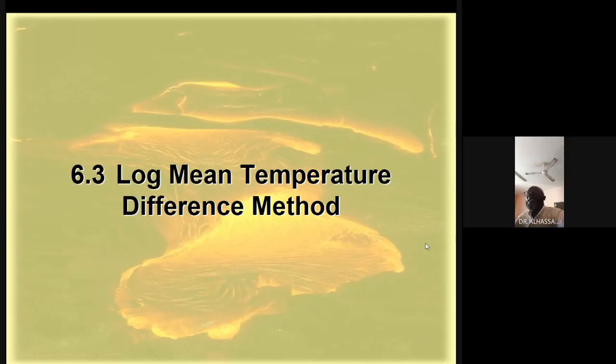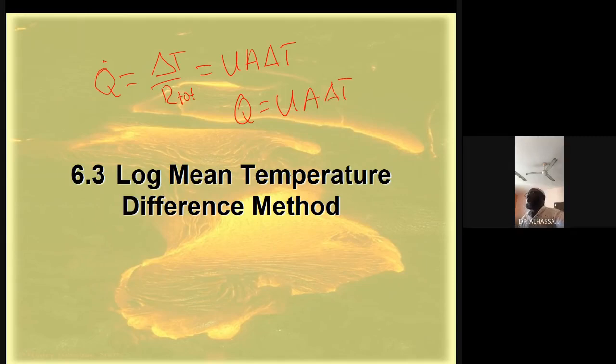Okay, so quickly let us move on to the log mean temperature. This is a different method. We have recognized that whenever you want to find the heat transfer through a heat exchanger, it is given by delta T divided by R total, which equals UA times delta T. This is a very important equation, especially Q equals UA times delta T. Understand?